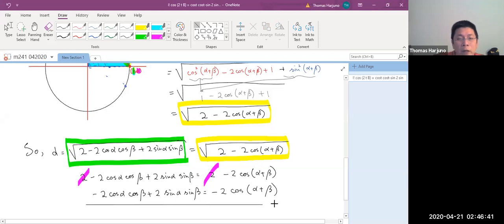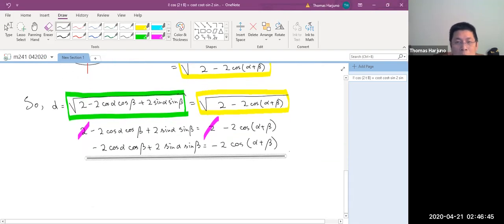I will divide both sides of the equal sign by negative 2.